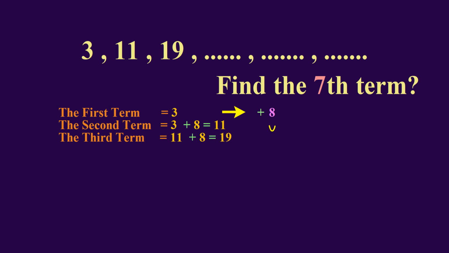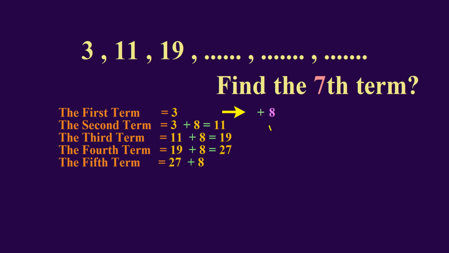We can get the fourth term by adding 8 to the third term. So the fourth term is equal to 19 plus 8, which equals 27, and the fifth term is equal to 27 plus 8, which equals 35.